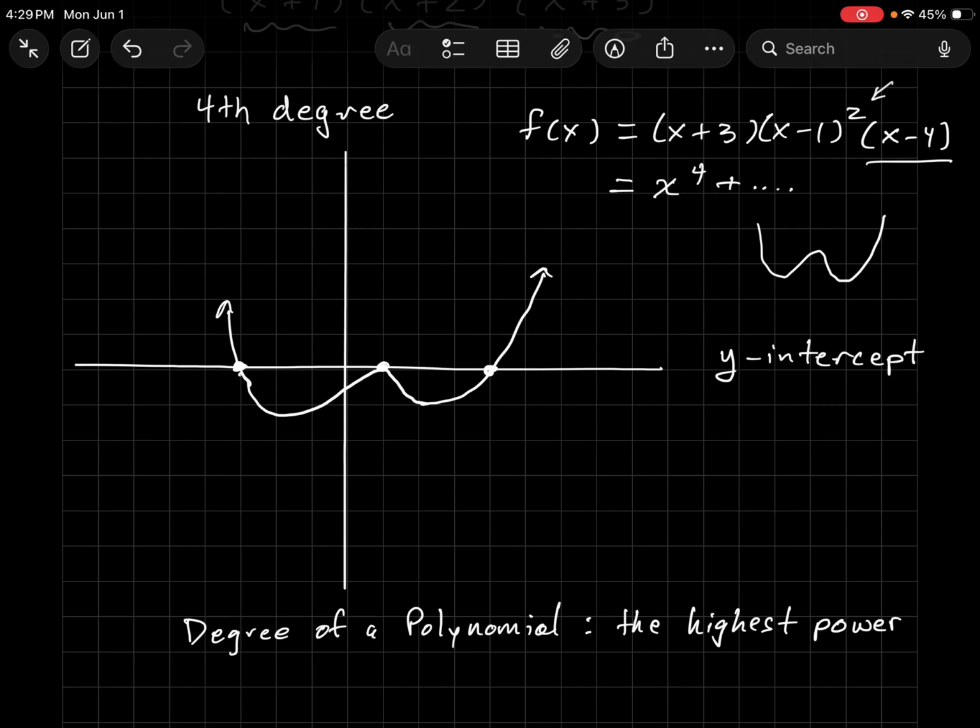So what is the y-intercept of this graph? Recall that the y-intercept is when x equals 0. So I could simply plug in 0 back into my function, and I would get 0 plus 3 times 0 minus 1 squared times 0 minus 4.